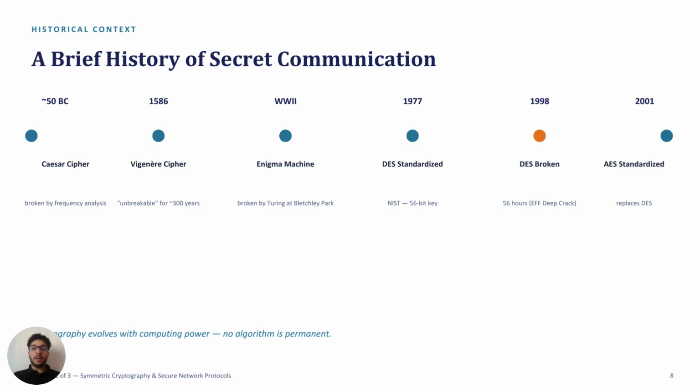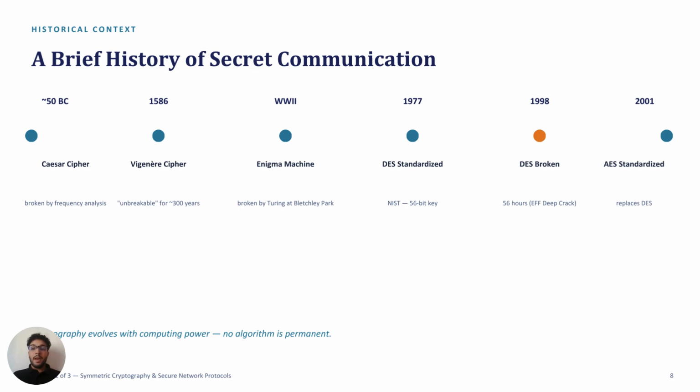For a quick historical perspective, cryptography is thousands of years old. Julius Caesar used a simple shift cipher. The Vigenère cipher was considered unbreakable for three centuries, until Charles Babbage cracked it in 1854.